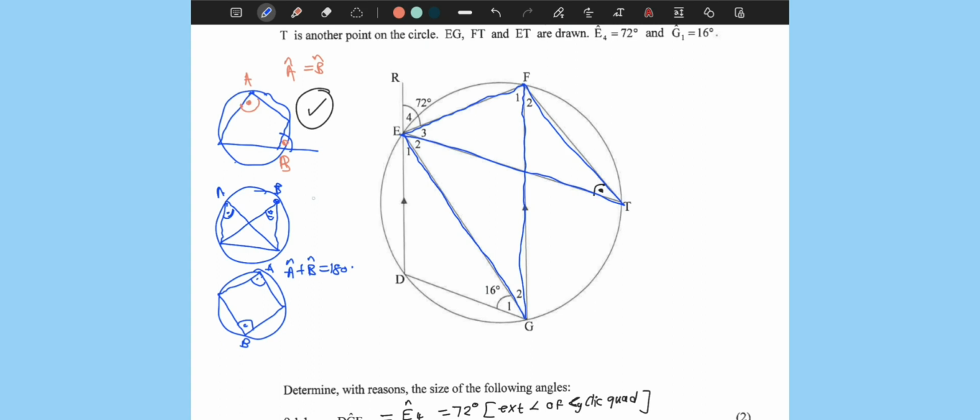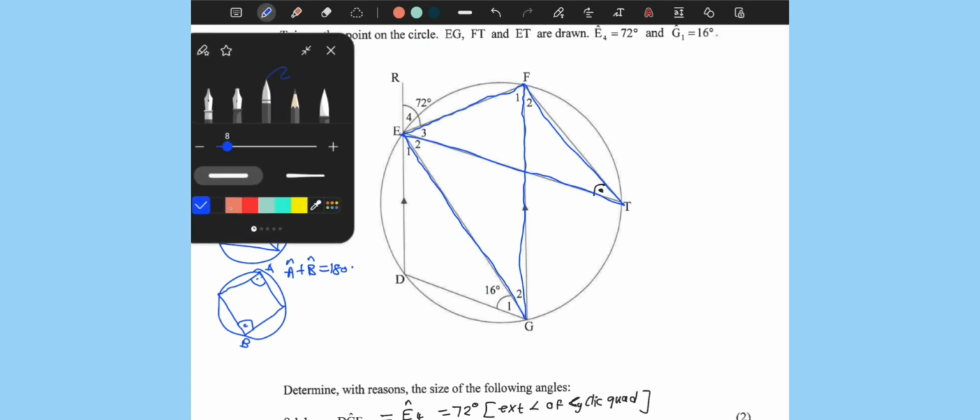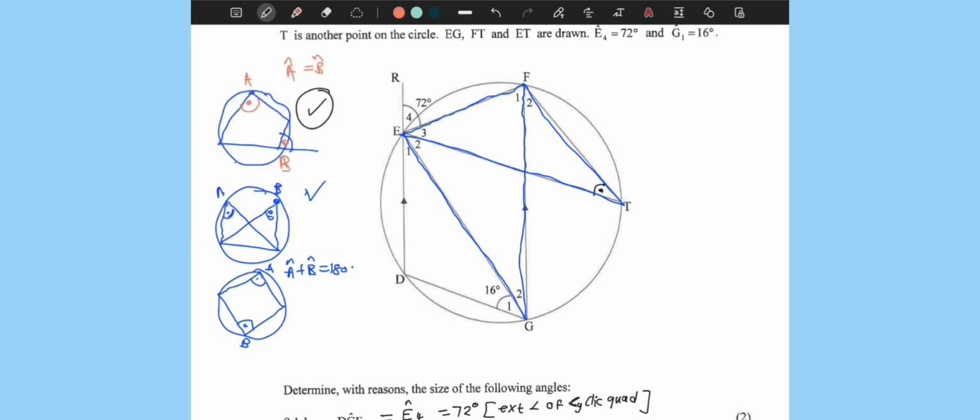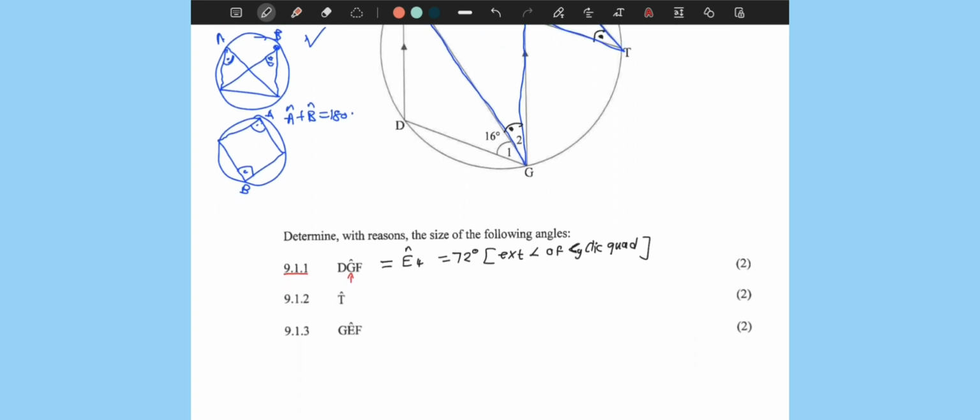So I'm going to apply condition number 2 here: angles from the same segment, whereby A is equal to B. Look at this angle T and G2. They look the same. So what I'm going to do now is get the actual size of this G2. Remember, I've got the whole of this DGF, which is 72.